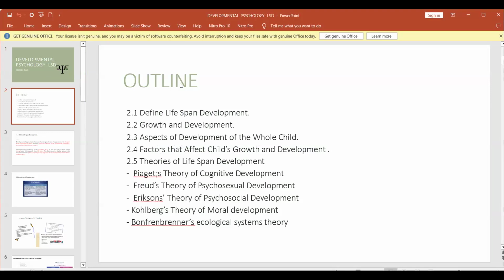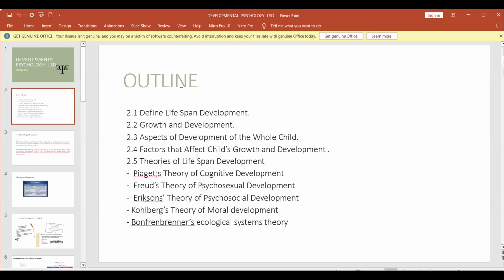So what are the factors that affect a child's growth and development we discuss? Nature versus nurture, if not heredity versus environment. And then the other one, maturity versus learning.